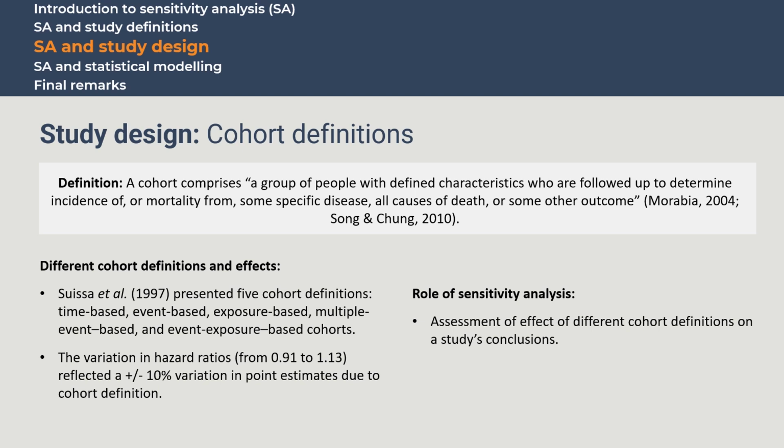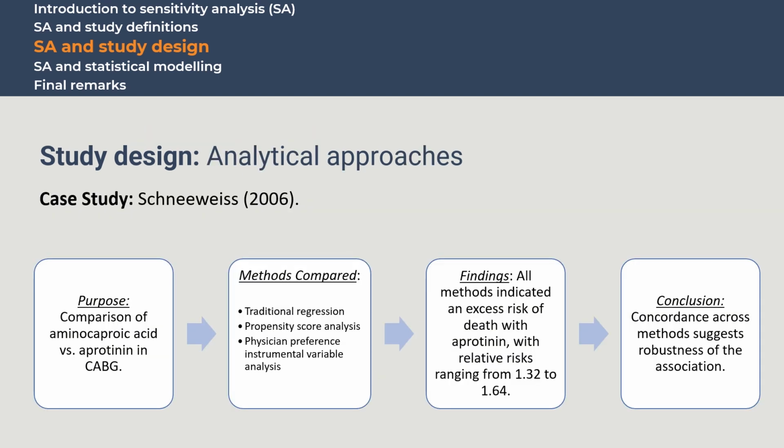As part of sensitivity analysis, we also need to examine how changes in analytical methods can affect study results. Let's consider the study by Mangano, published in 2006, which evaluated the effectiveness of aminocaproic acid compared with aprotinin in reducing mortality during coronary artery bypass grafting, or CABG.